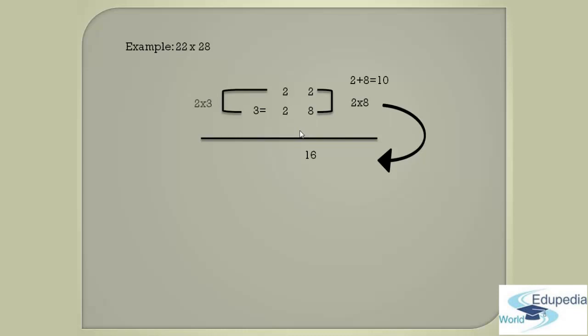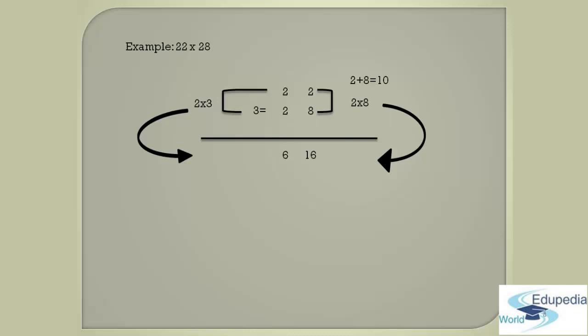You take down that 6 below the horizontal bar and write it on the left side, like this. Now if you club both these products, you will get the answer for the multiplication of 22 and 28. Therefore, 22 into 28 is equal to 616.